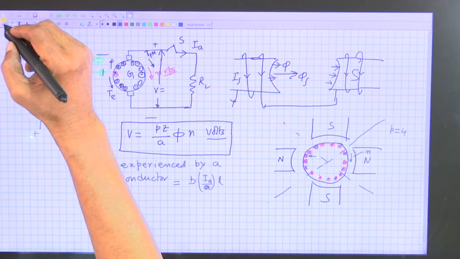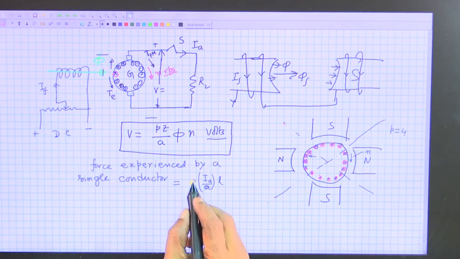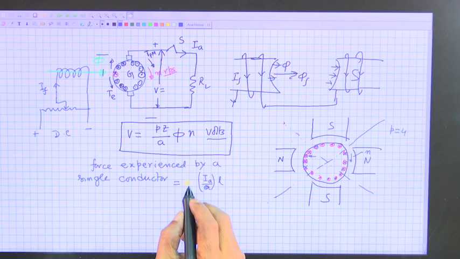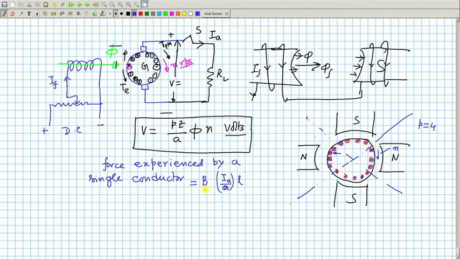Therefore, it is prudent not to deal with that B, but to take the average B it experiences: B average into I_A by A into L. This is, mind you, a slightly disturbed I_A. This will be the force. So, the average force experienced by a single conductor is this.